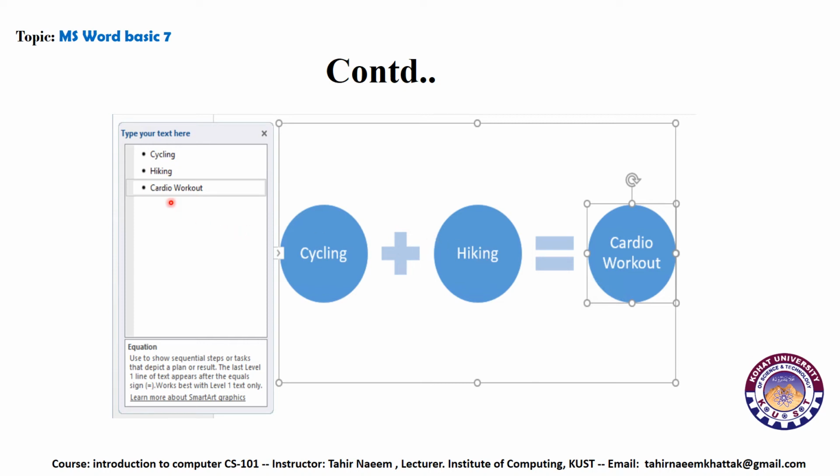The third one, "cardio workout", is written automatically as well. The equation suggests that the combination of these elements results in this: if we do cycling plus hiking, then our whole cardio workout is covered.